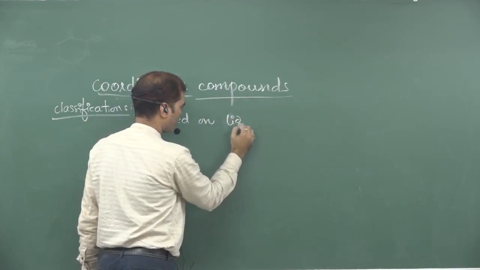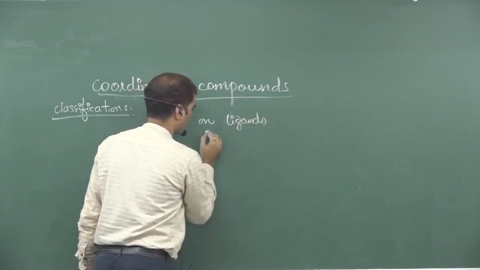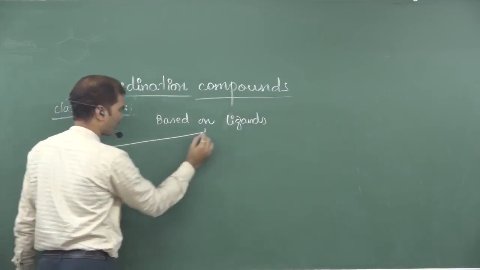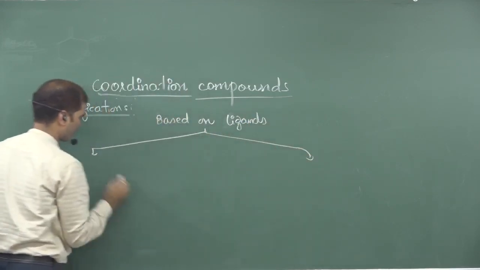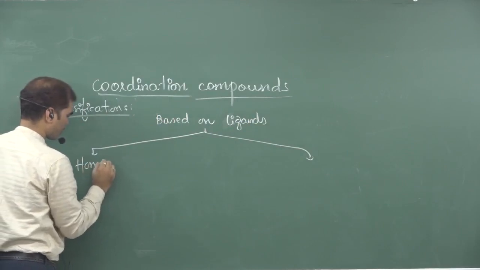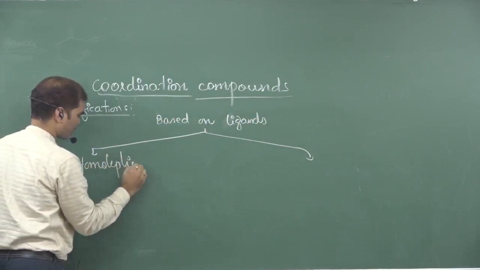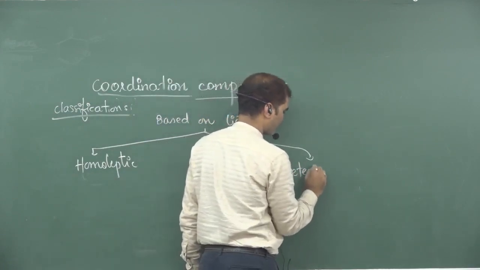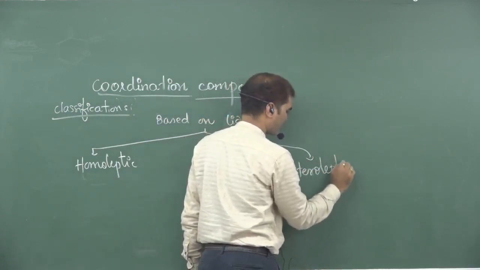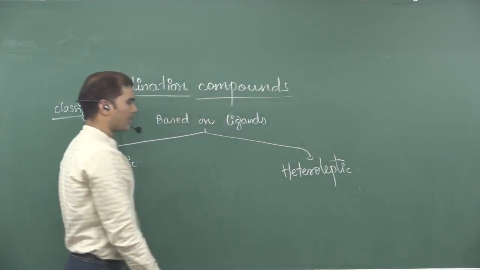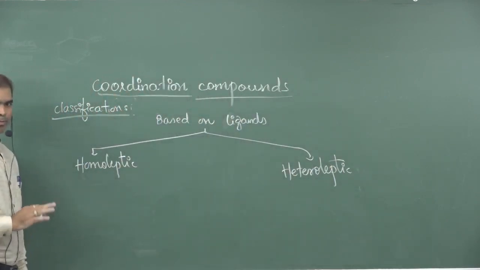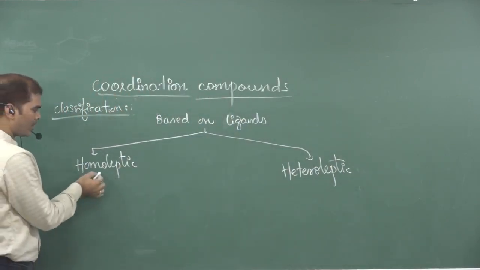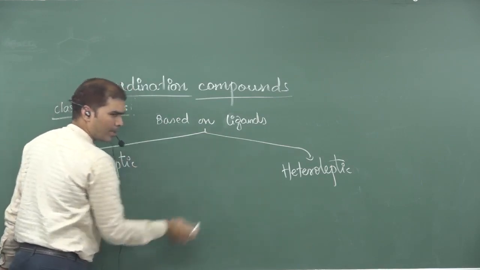Based on ligands, we'll write. Complexes can be classified into two types based on the ligands. One we call homoleptic, another we call heteroleptic.